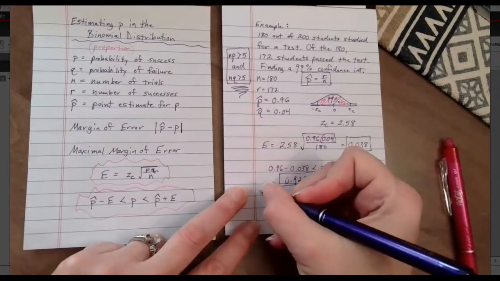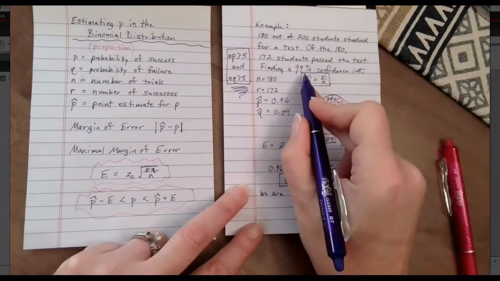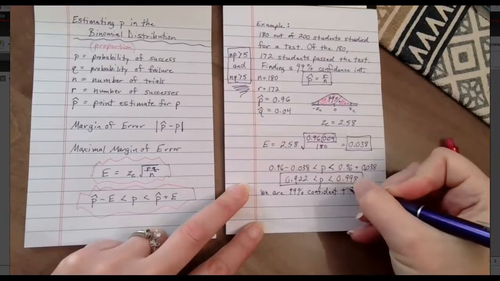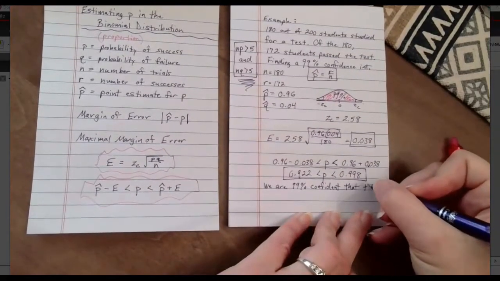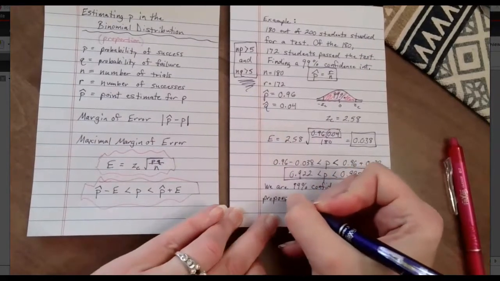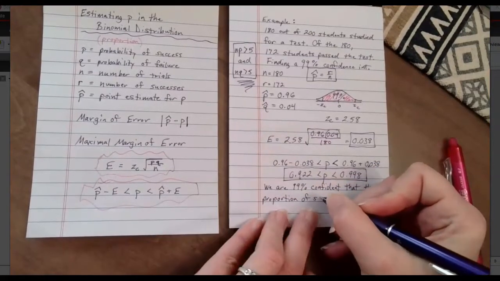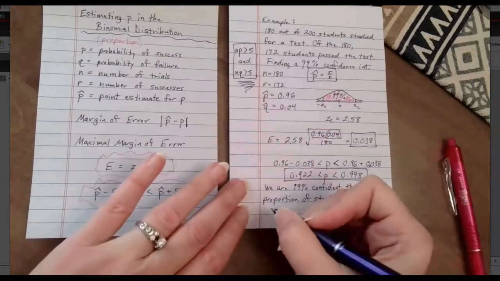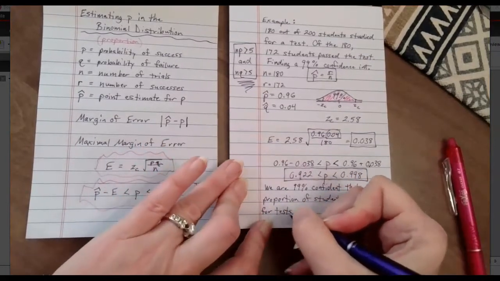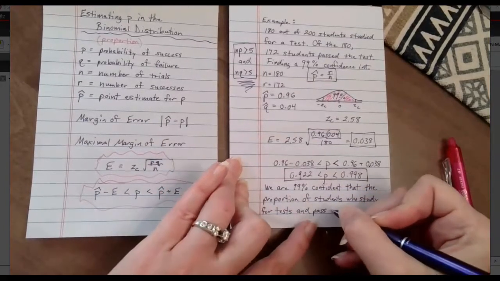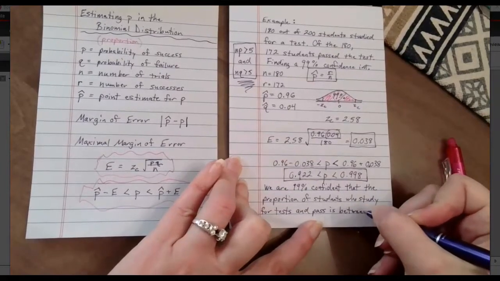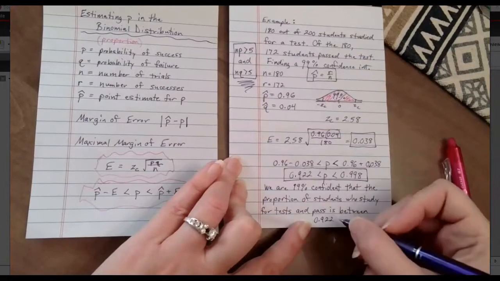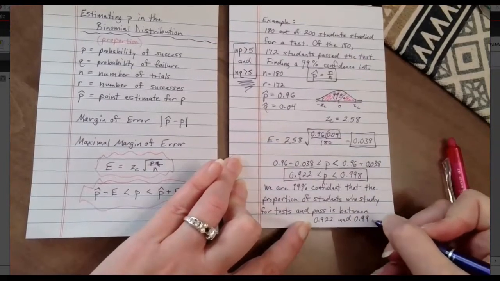We want to say that we are, going back, this was 99%, 99% confident that the proportion of students who study for tests and pass is between 0.922, so that'd be 92.2%, and 0.998, which would be 99.8%.